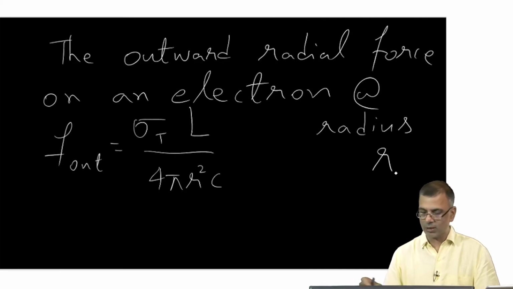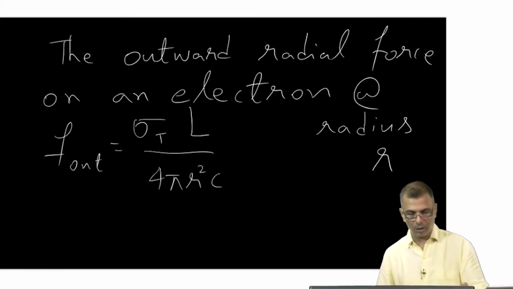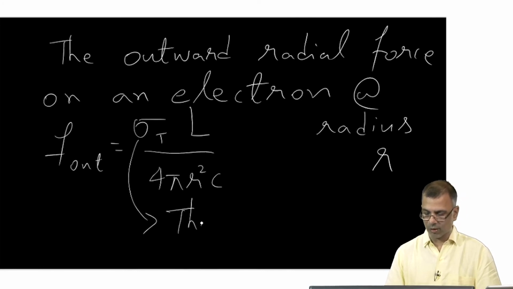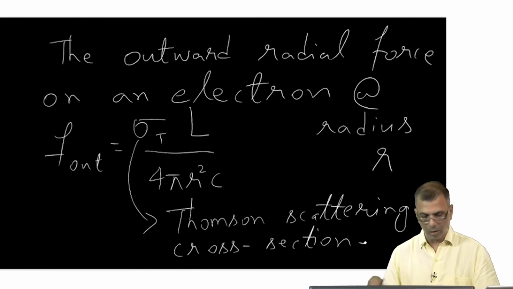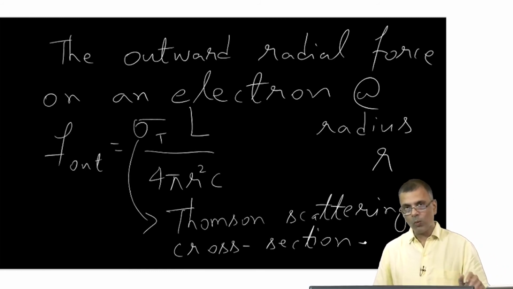At a given radius, this is the outward force, and sigma T is the Thomson scattering cross section. Now, what about an electron?